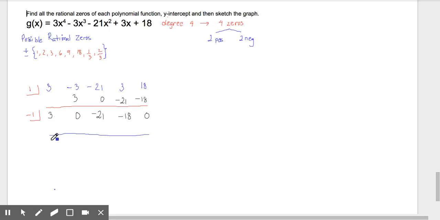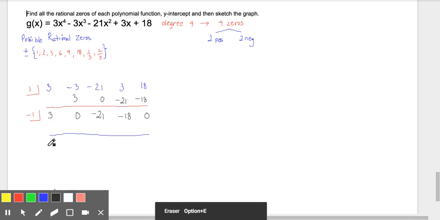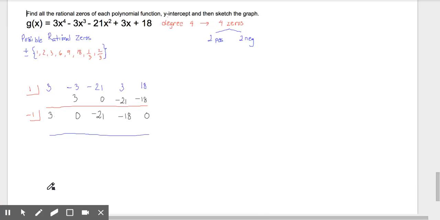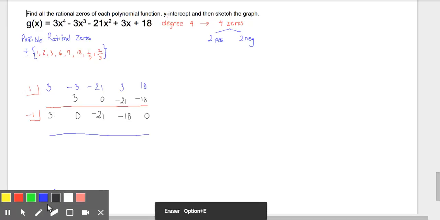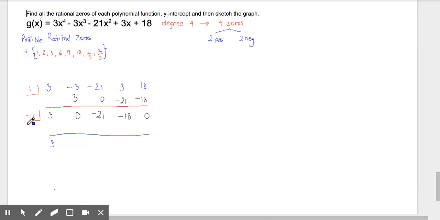So bring down the 3. Multiply by negative 1, we get negative 3. We add, which is negative 3. Negative 3 times negative 1 is positive 3.